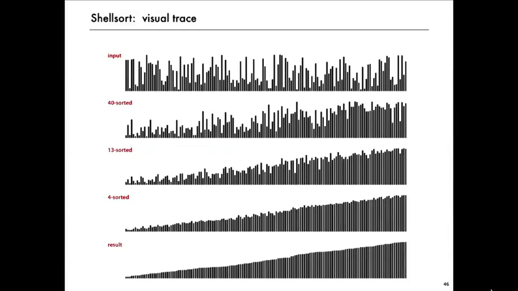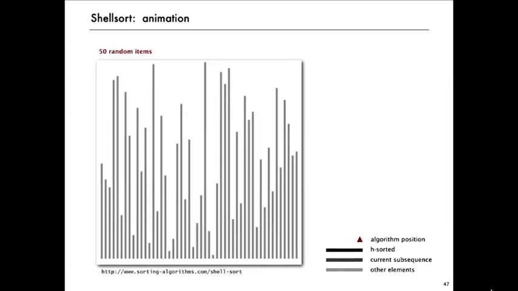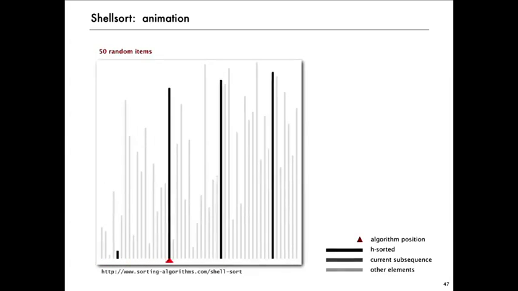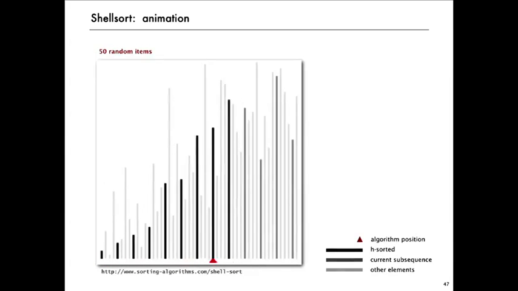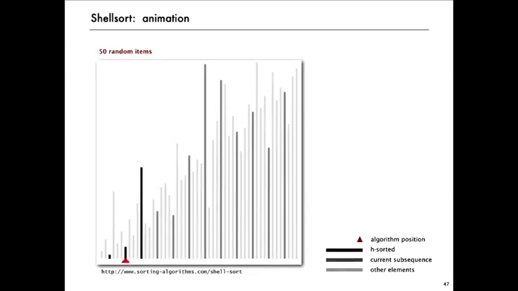Here's what it looks like for a bigger array. We start with randomly ordered input, and you can see that it gets more and more in order each time that we h-sort for the decreasing values of h. Here's an animation. This animation does the whole h-sort for each subarray.